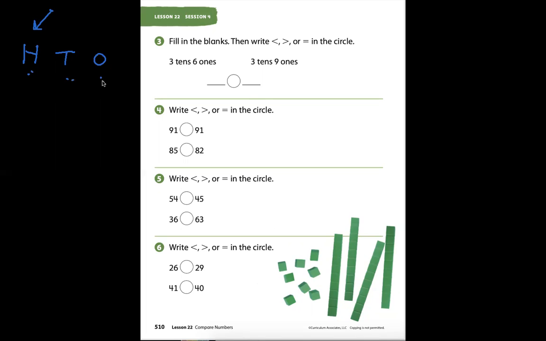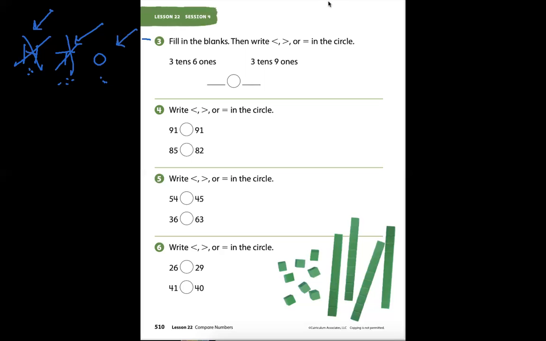So if there is no hundreds place, the next place value we look at is the tens place. If the tens place is the same, then we look to the ones place and compare there.